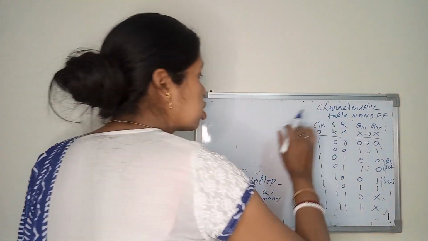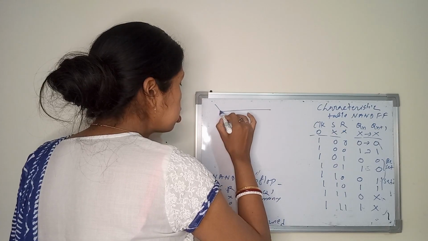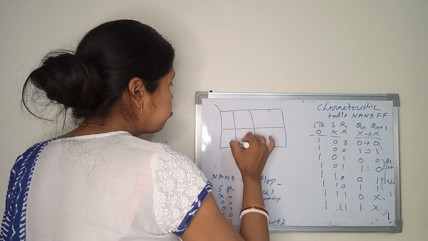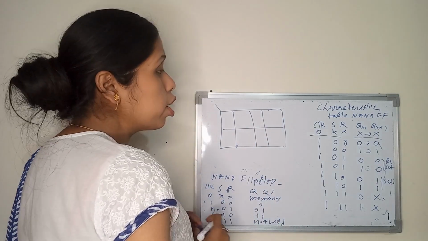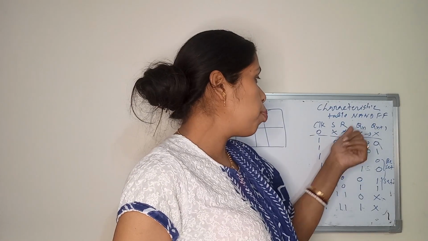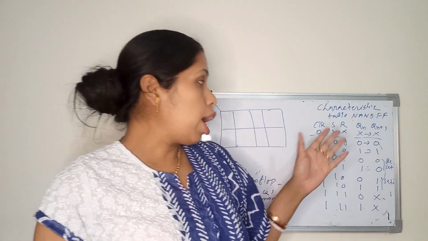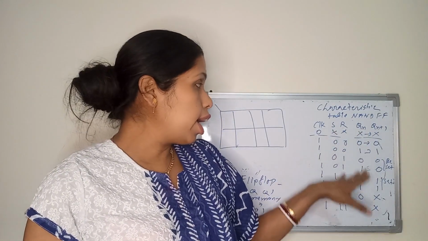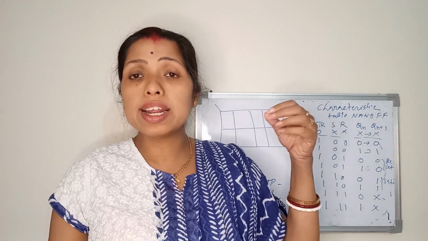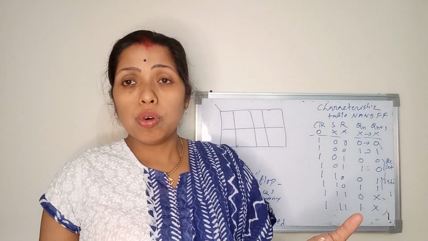If you know the characteristics table, you can derive the characteristics equation, that is, the relationship between the present value and the past values. Here Qn+1 is the output mainly, and Qn enters as an input, acting as the present value.